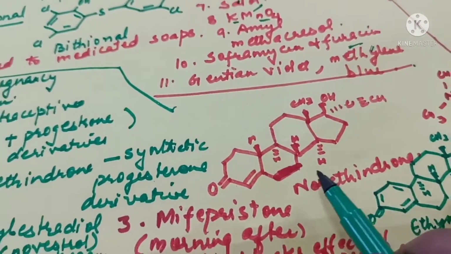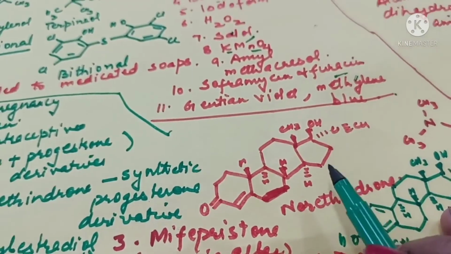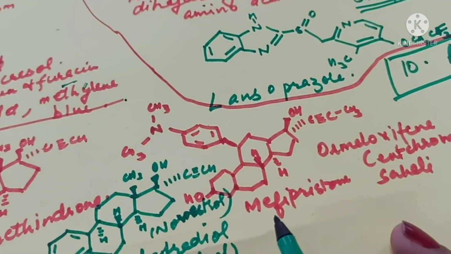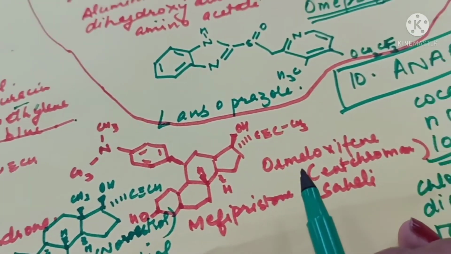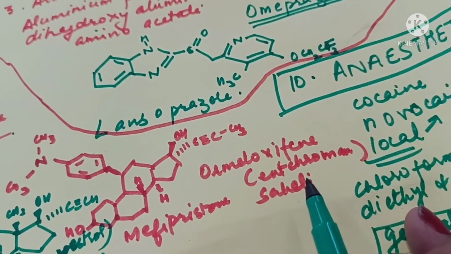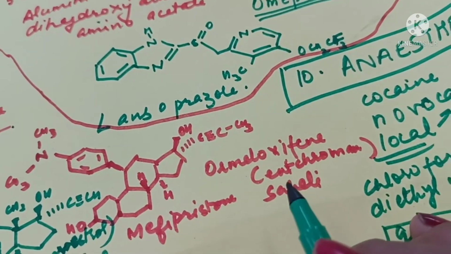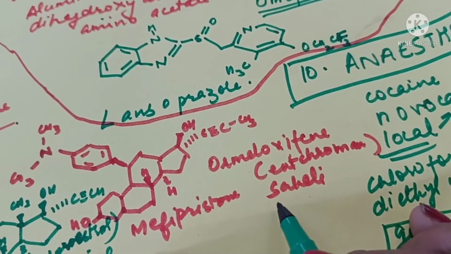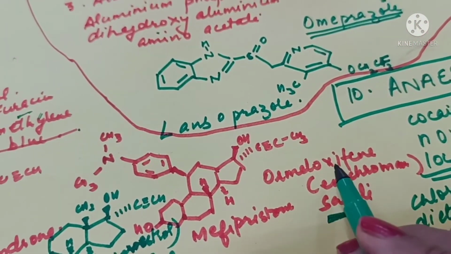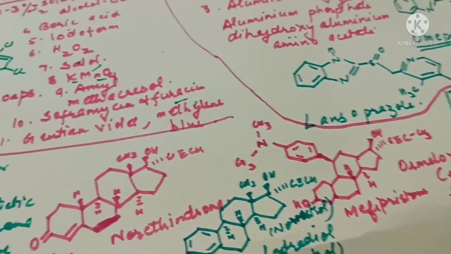So this is the structure of norethindrone. This is ethinyl estradiol, and this is mifepristone. Then ormeloxifene, it's a centchroman. It is a drug which is used by the name Saheli. It is also an important contraceptive.